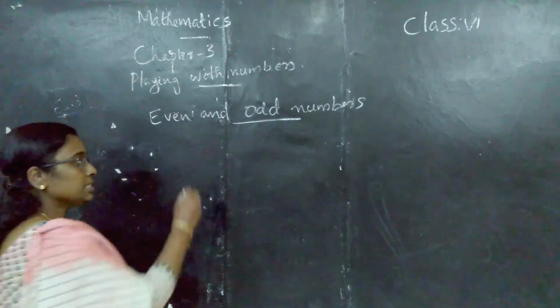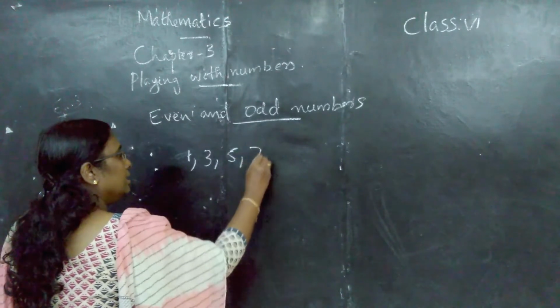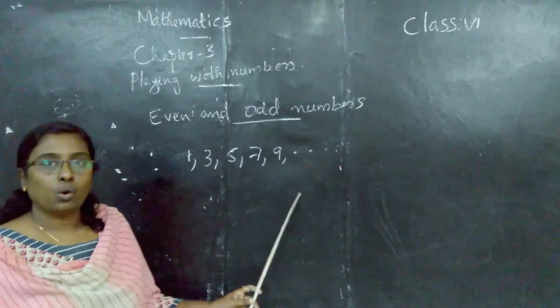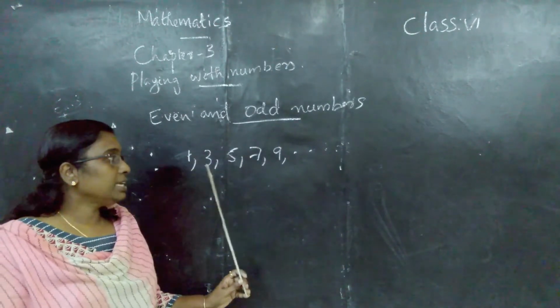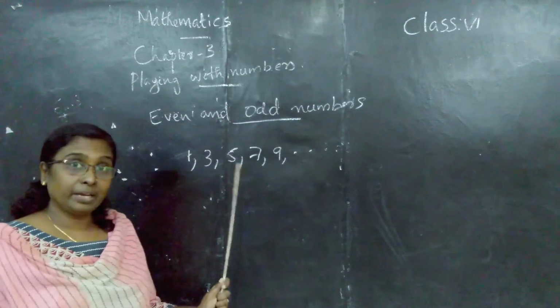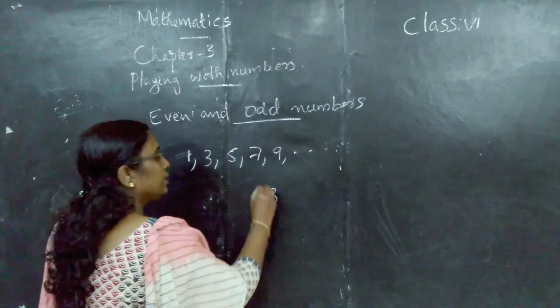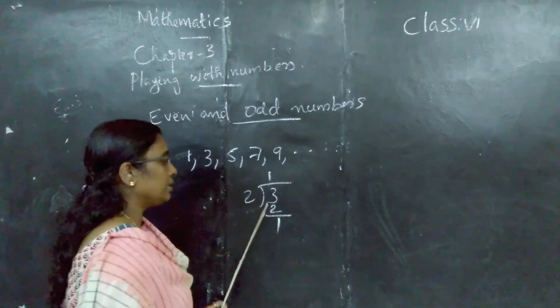Say some odd numbers. 1, 3, 5, 7, 9, etc. These are odd numbers. We cannot divide these numbers exactly by 2. We can divide by 2, but not exactly. 3 divided by 2, 1 time 2, the remainder is 1.